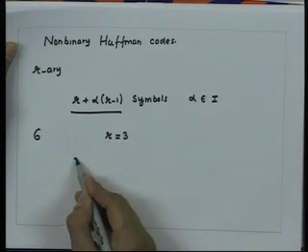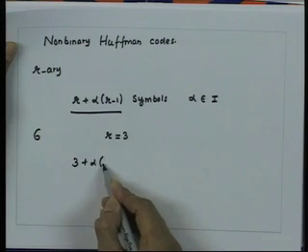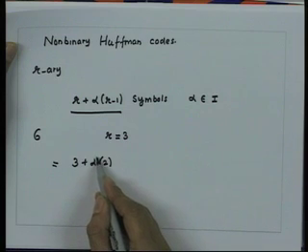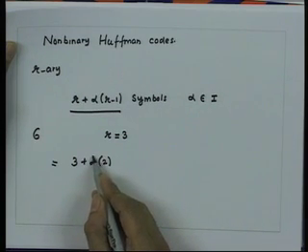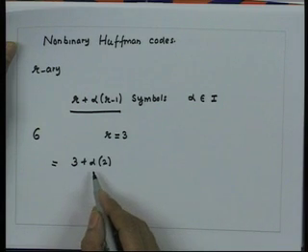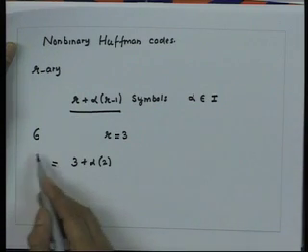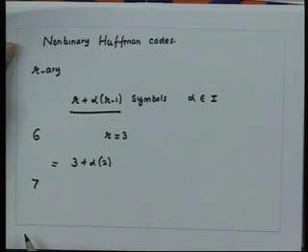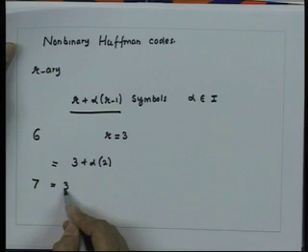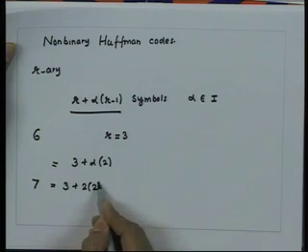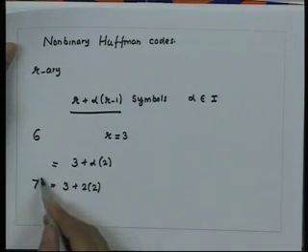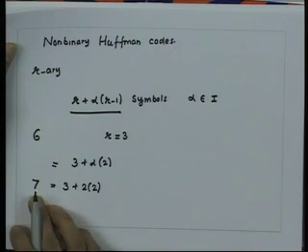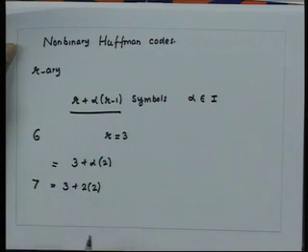If you look at this expression, we get 3 plus alpha times 2, and 6 is not of this form. So to make it of this form, I should add some dummy symbols. If I add one dummy symbol, that is, make it 7, then 7 is of the form 3 plus 2 into 2. So if I add one dummy symbol which has a probability of 0, then I get this relationship satisfied.